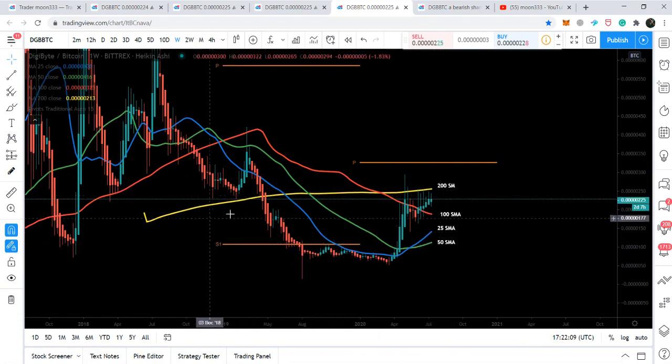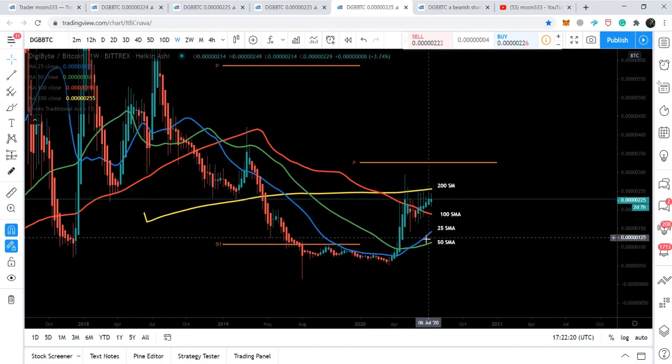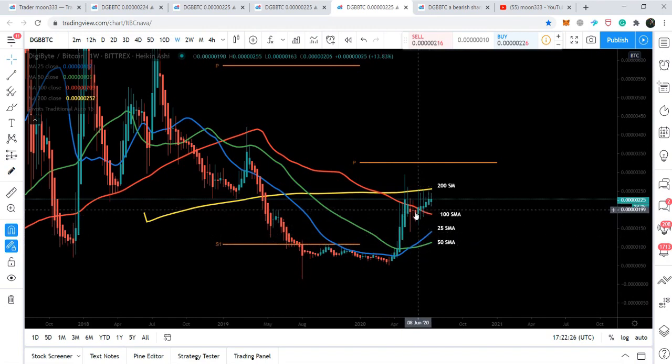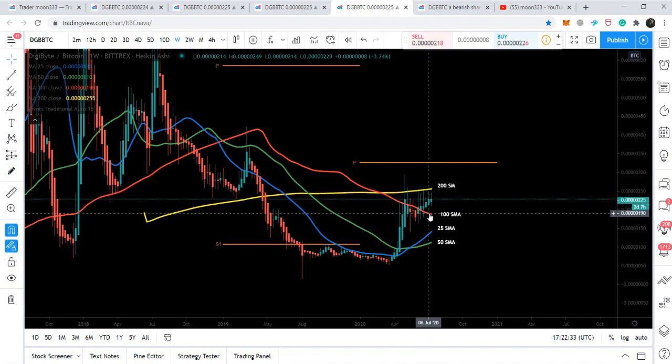And we have the recent pivot support below the price action, where we have this 50 simple moving average. So I'm expecting that once this bull cross is formed between the 100 and the 25, then 50 and 100, then the price action will break out above this 200 simple moving average. Otherwise, it can move down to this 100 and then 25, and then to the last support of the 50 simple moving average.